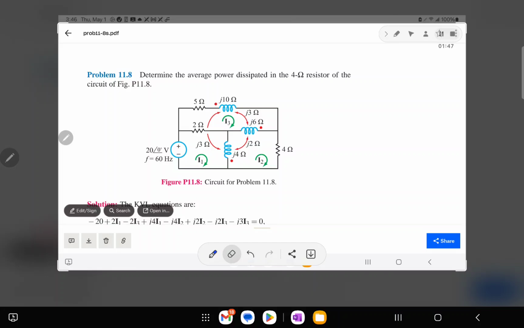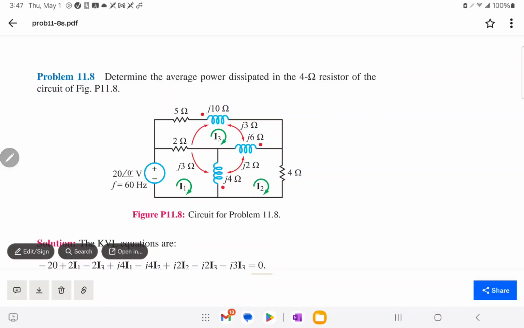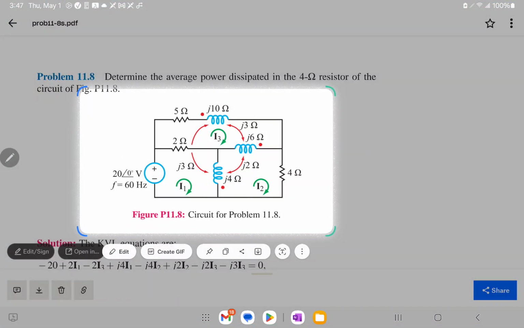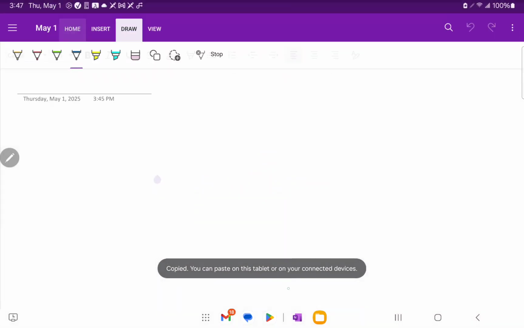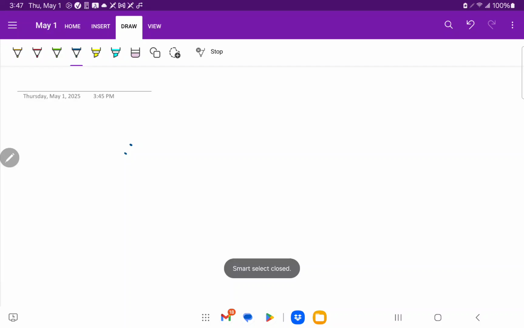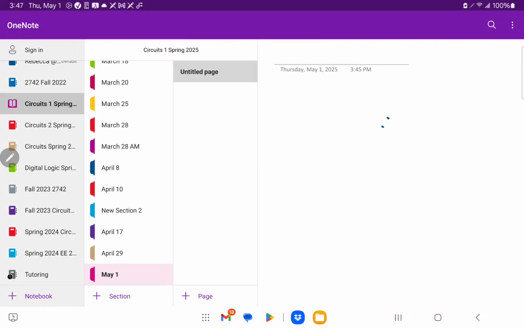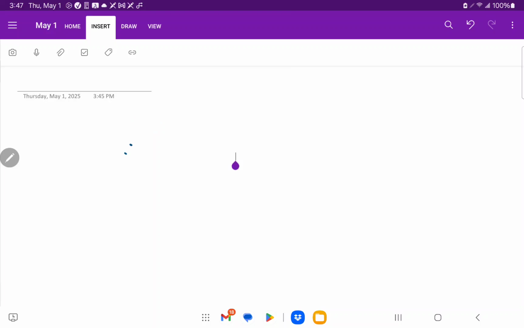How do I get out of it? Copy. Paste. Why won't it paste?